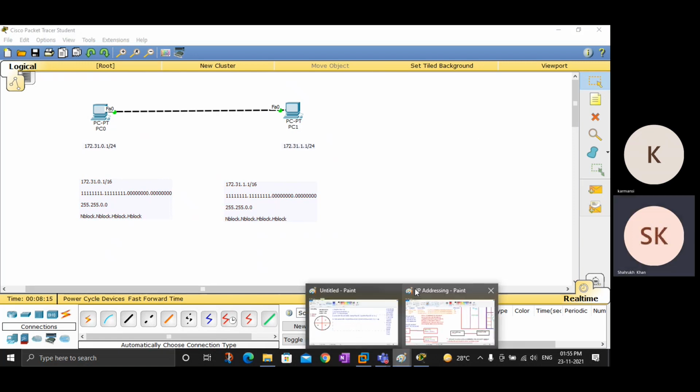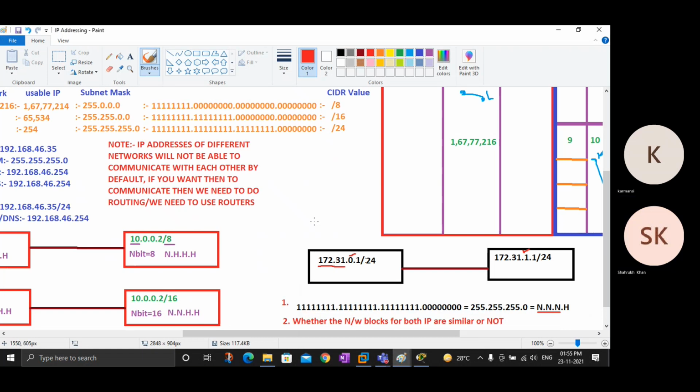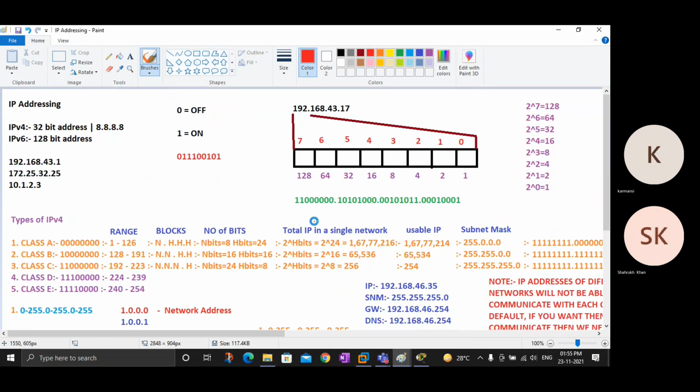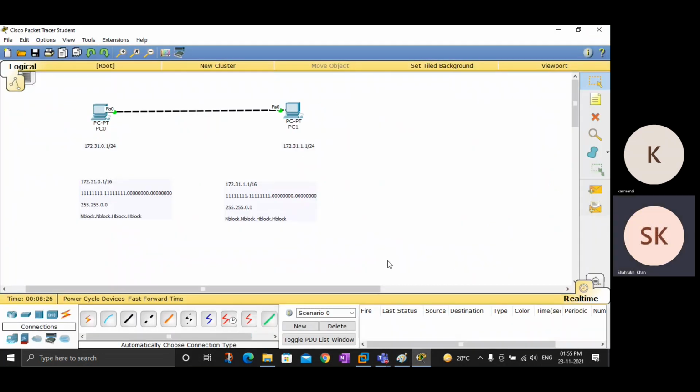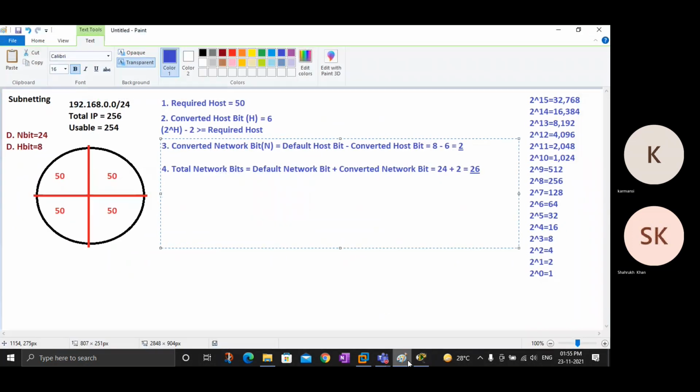So let me save this one. And yeah, so back to our subnetting part here.